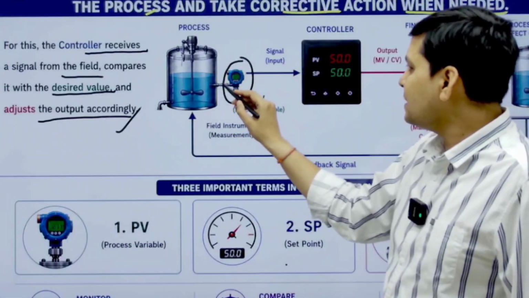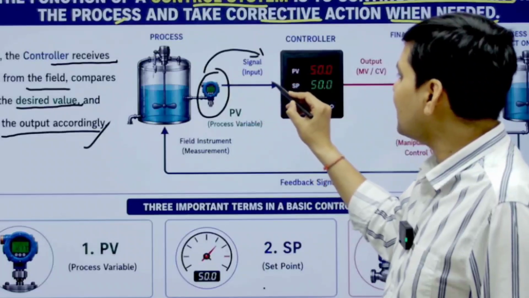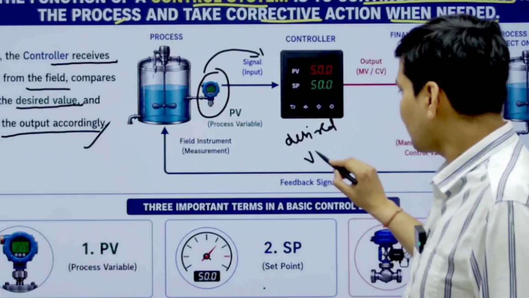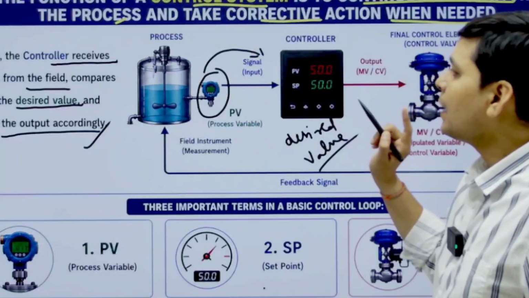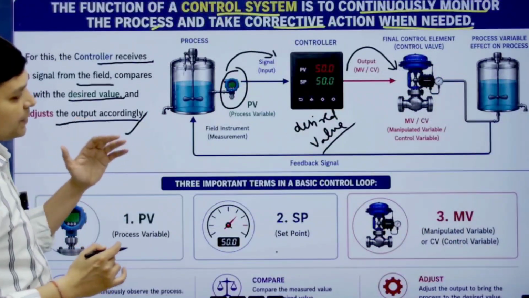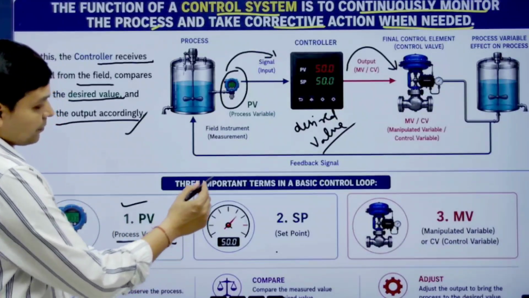The controller will receive the signal from the field and compare this signal with the desired value, and adjust the output.